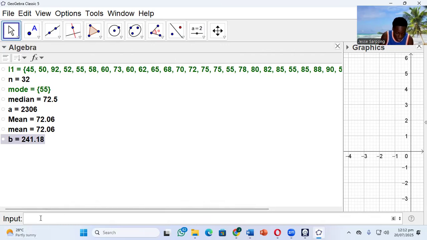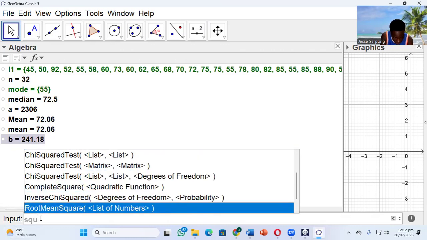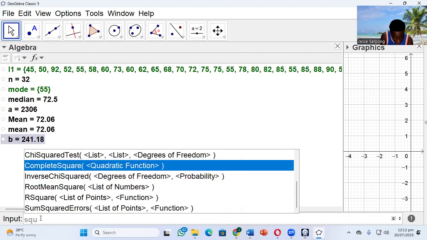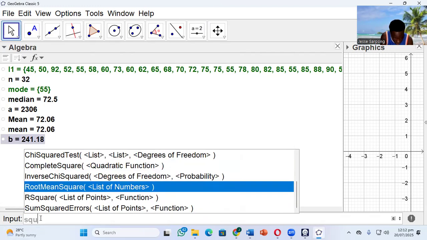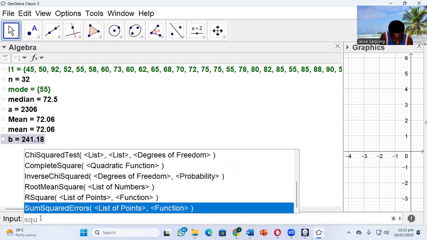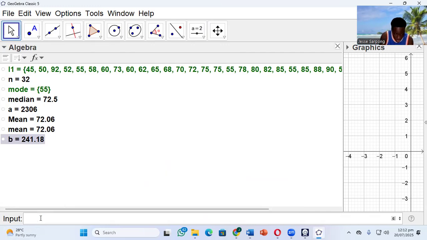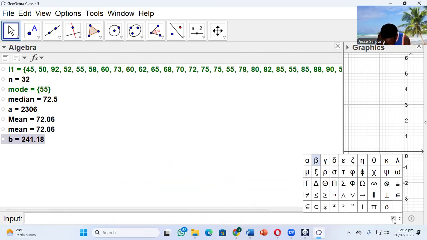The square root of the variance would give us the standard deviation.